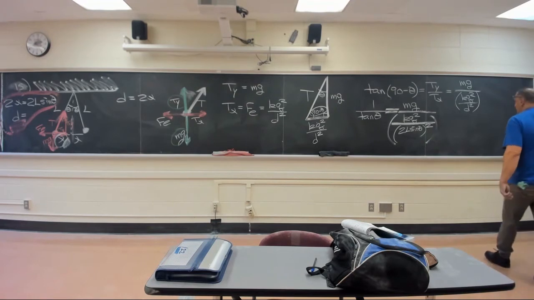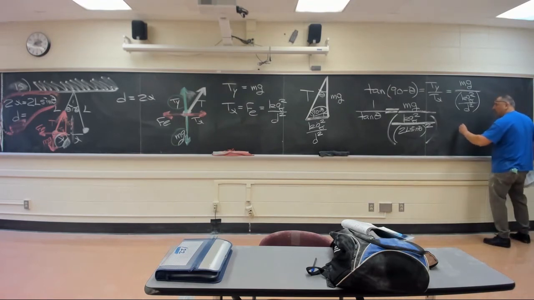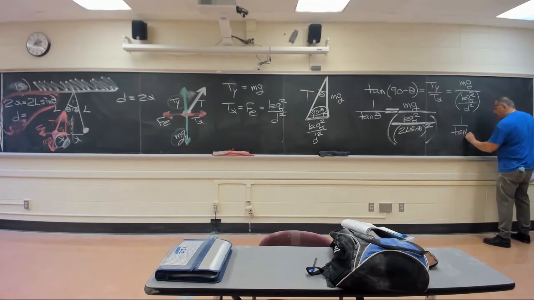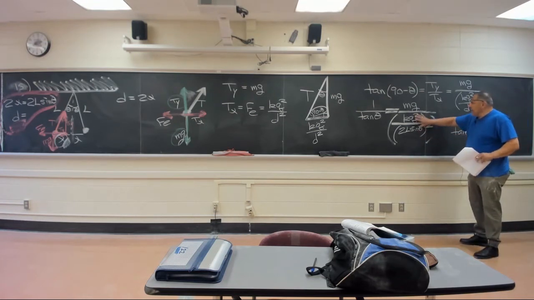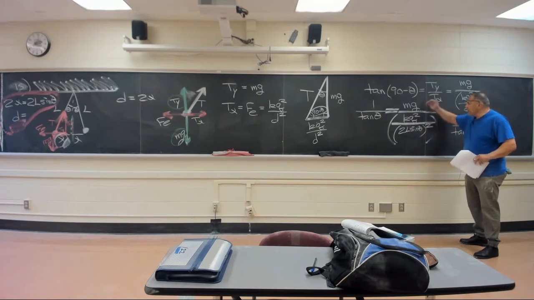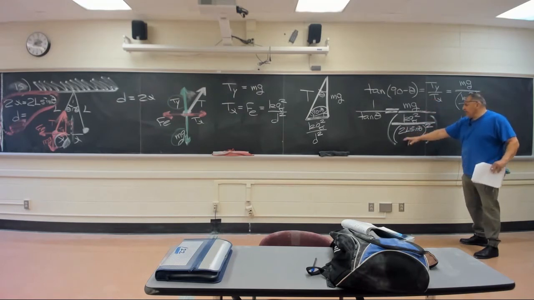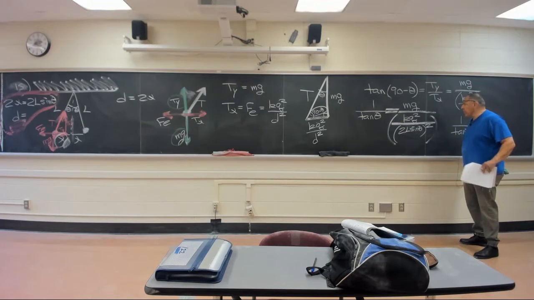It's a mess, but let's see where it goes. 1 over the tangent of theta is equal to this, as is. This flips over and gets up here. Square this, you got 4L squared sine squared.